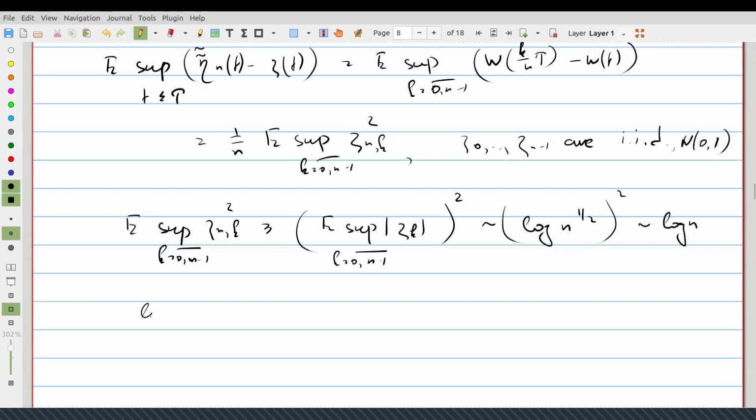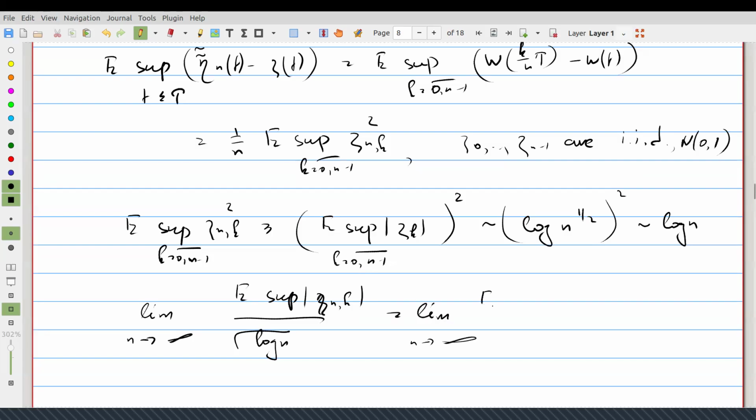Because the limit when n goes to infinity of the mathematical expectation of supremums of such psi n k's divided by logarithm n squared is exactly the limit of the mathematical expectation of supremums of psi k's without modulus, without taking absolute value, divided again by logarithm n.